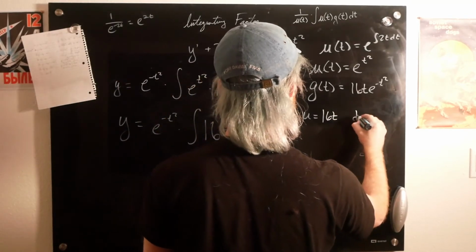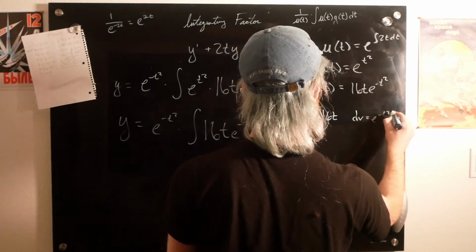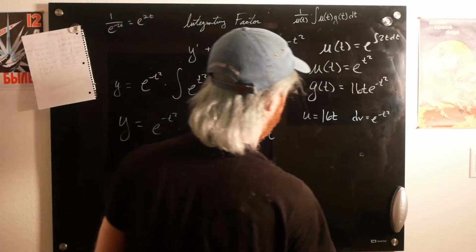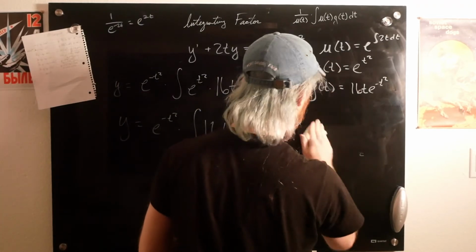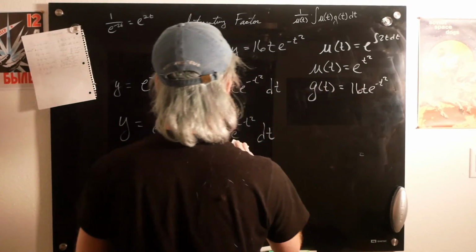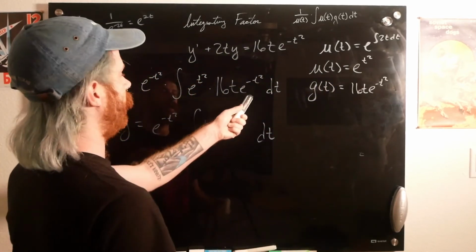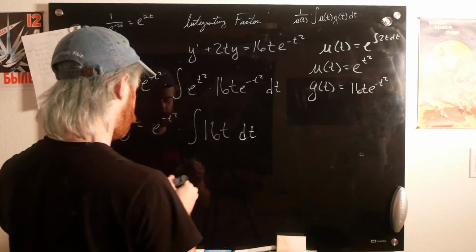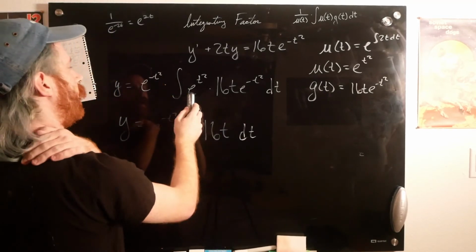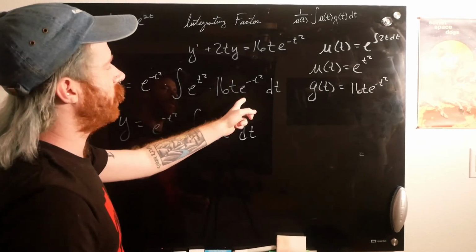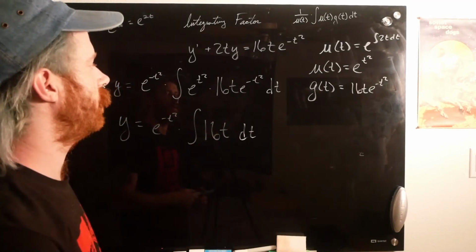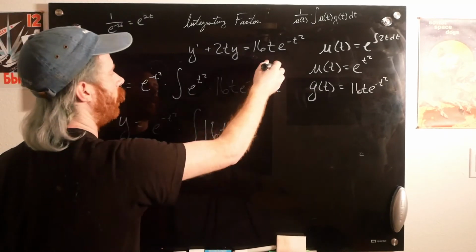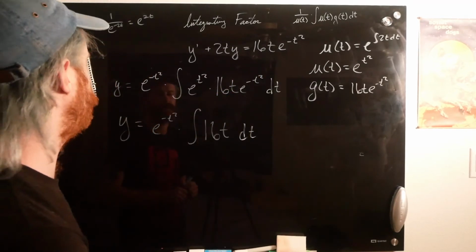Oh, whoops. Sorry. I deleted it in my mind, but not on the board. So, like I said, the e to the negative t squared goes away. Sorry about that. 16t dt, because e to the power of t squared times e to the negative t squared, when you multiply them together, you get e to the 0, which equals 1. So these just go away. We're left with the integral of 16t dt.